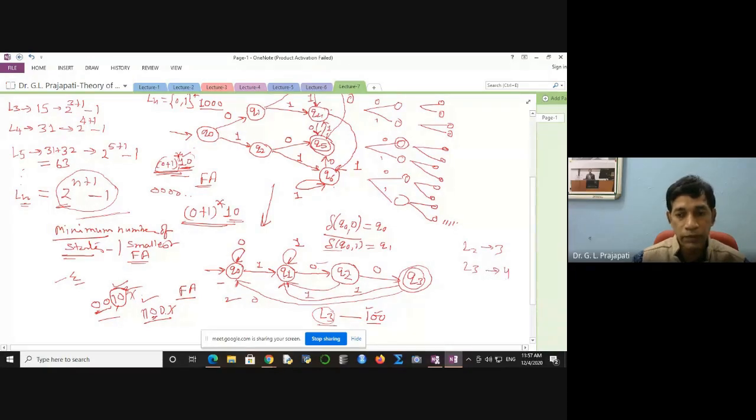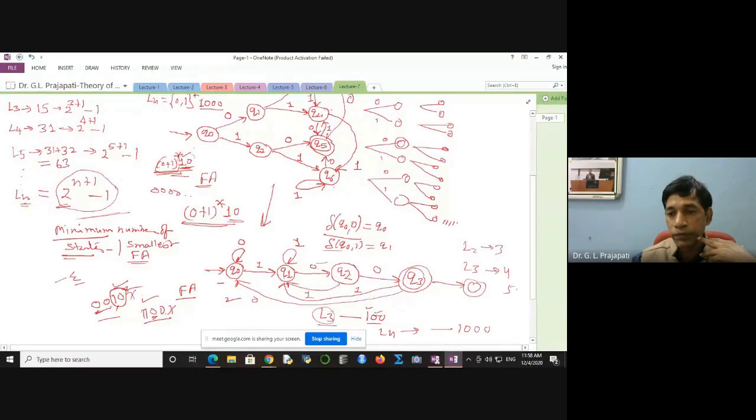If you want to further remember, say L4, say you want to remember the last 4 symbols, then again you have to go one further state, and now this will be the final state. This is not the final state. So how many states will you have? 1, 2, 3, 4, 5.